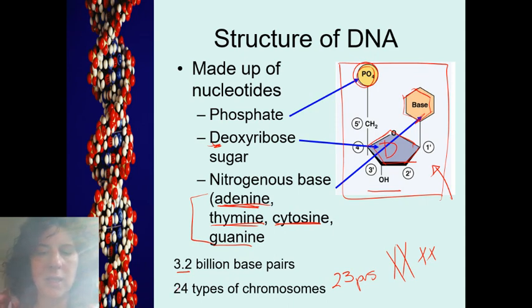The difference in that 24th type comes from our last set of chromosomes. So we have the ability to either inherit 2 X's, an X from mom and an X from dad, that makes you female, or we can inherit an X from one parent, that would be mom, and the Y from dad, which is much smaller, by the way, and that would make a male individual out of that.